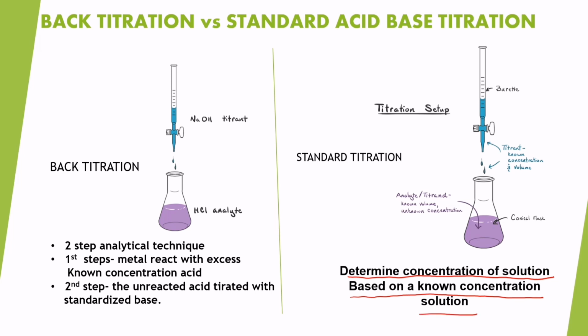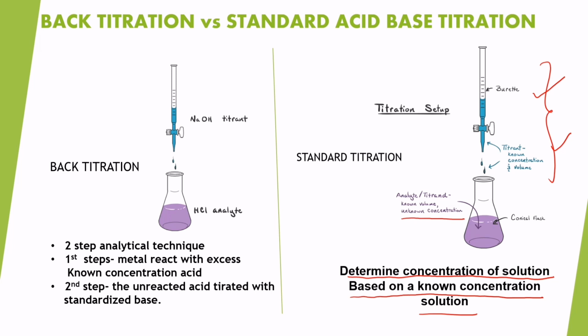For example, in this experiment, we know the concentration of the titrant and we also know the volume of the titrant by recording the initial reading and the final reading of the burette. In the conical flask, we have transferred a fixed amount of analyte with a pipette. But we don't know the concentration of the analyte in the conical flask.